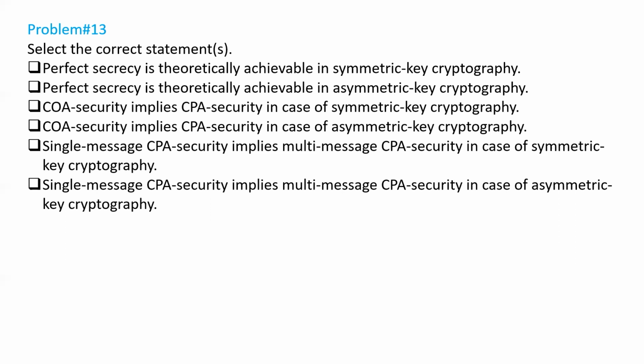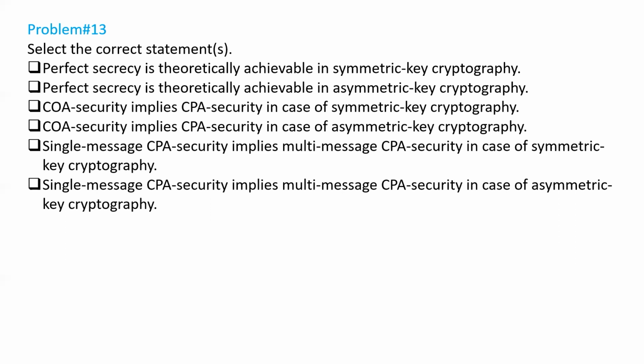It is not explicit access, rather it is implicit, because it has the public key PK. It can choose any message of its choice and compute the ciphertext on its own, right? So COA security implies CPA security in case of asymmetric cryptography, but not in case of symmetric cryptography. In case of symmetric key, the adversary needs to be given explicit access to the encryption oracle in CPA security.